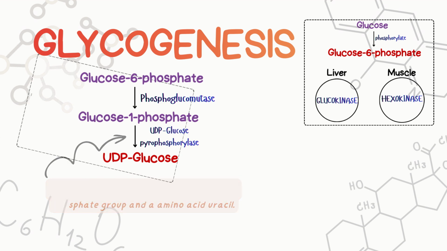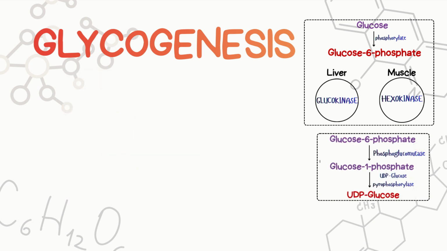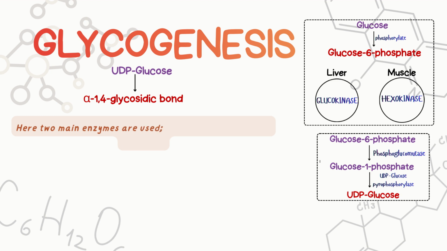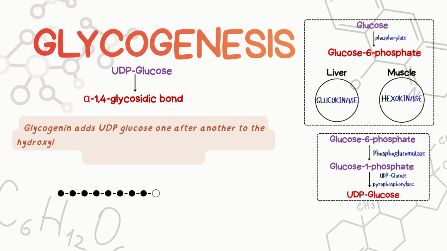Again, keeping these in mind, let us move to a very important step. UDP glucose helps form alpha-1,4 glycosidic bonds. Let's see how this step takes place. Well, during this step, two main enzymes, glycogenin and glycogen synthase, are used. Glycogenin adds UDP glucose, one after another, to the hydroxyl group of its own tyrosine residue, making a chain of 7 to 8 UDP glucose.